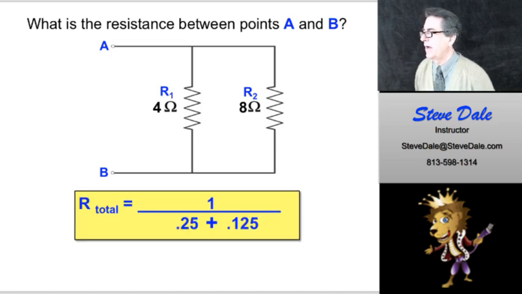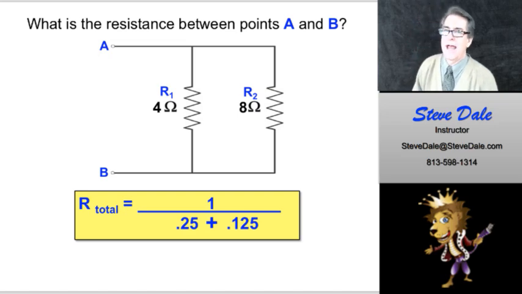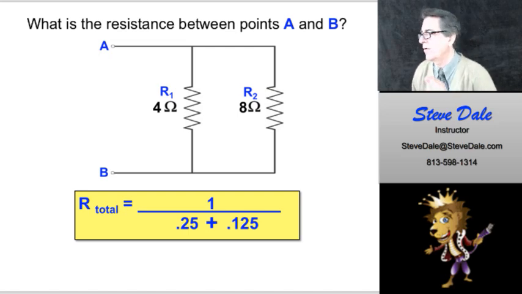1 divided by 4 is 0.25. You should maybe do that on your calculator as we go through it. And 1 divided by 8 is 0.125. From what I've heard and seen, they've all been equal values.